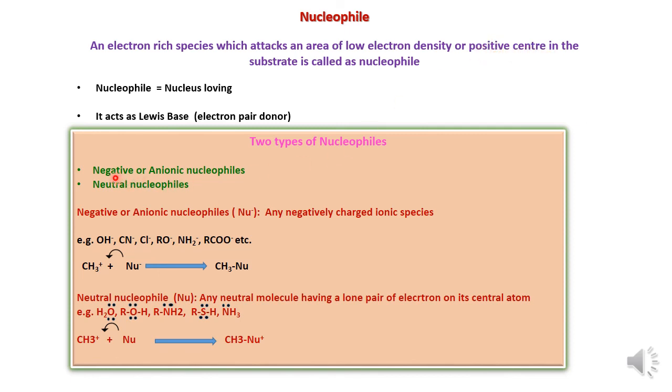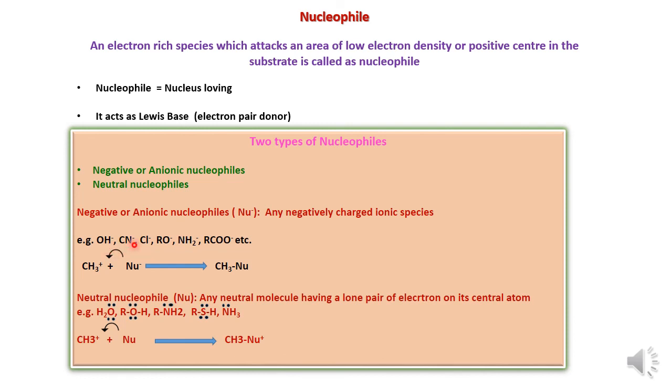Nucleophiles can also be of two types. One is negative or anionic nucleophiles, and the second is neutral nucleophiles. Negative or anionic nucleophiles are denoted by Nu minus. Any negatively charged ionic species can be called a negative or anionic nucleophile.